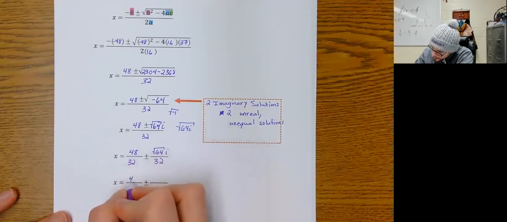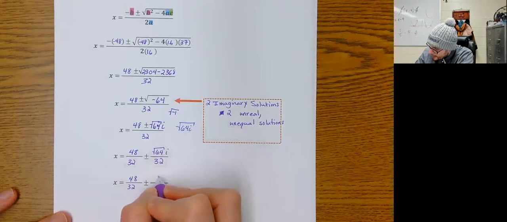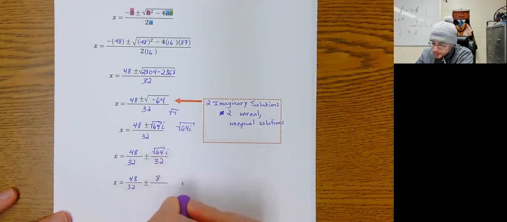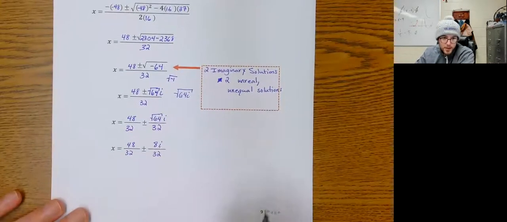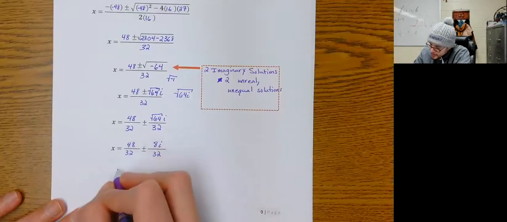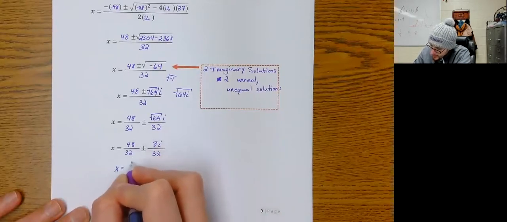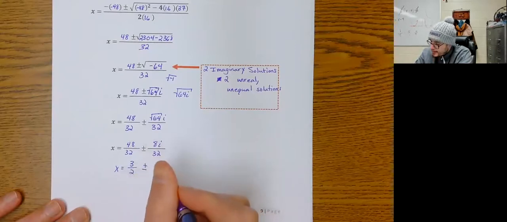Then we're going to get 48 over 32, plus or minus 8i over 32, because the square root of 64 is 8. We can simplify these, and I'm pretty sure this one I can divide out a 16. So this would be x equals 3/2 plus or minus.